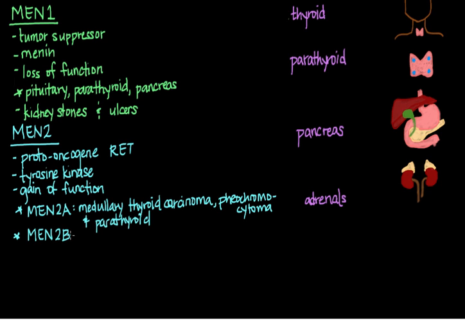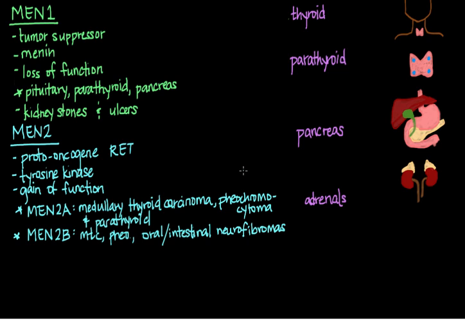And then the 3 types of tumors that are characteristic of MEN2B are also medullary thyroid carcinoma, which I'll just abbreviate here, medullary thyroid carcinoma as MTC, and pheochromocytomas, which I'll just abbreviate here. But instead of parathyroid tumors, these patients tend to form oral or intestinal neurofibromas, which are benign nerve cell tumors.